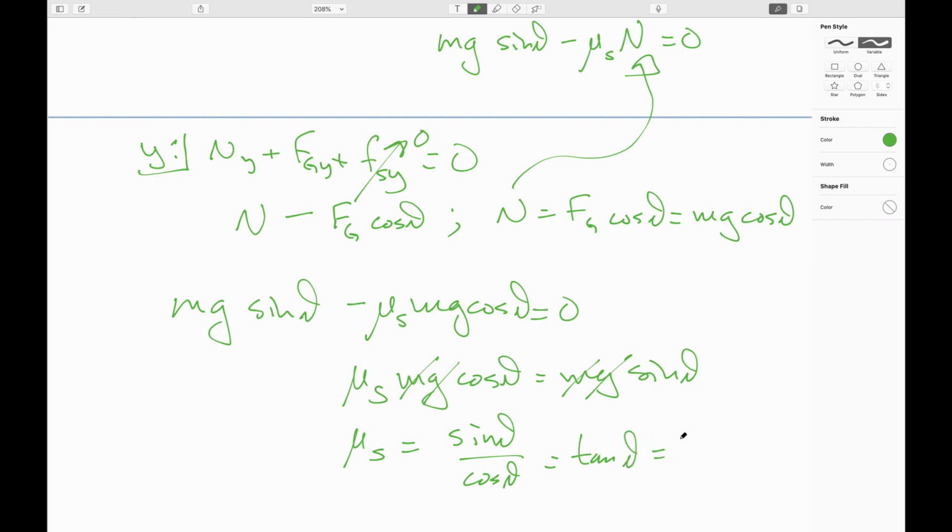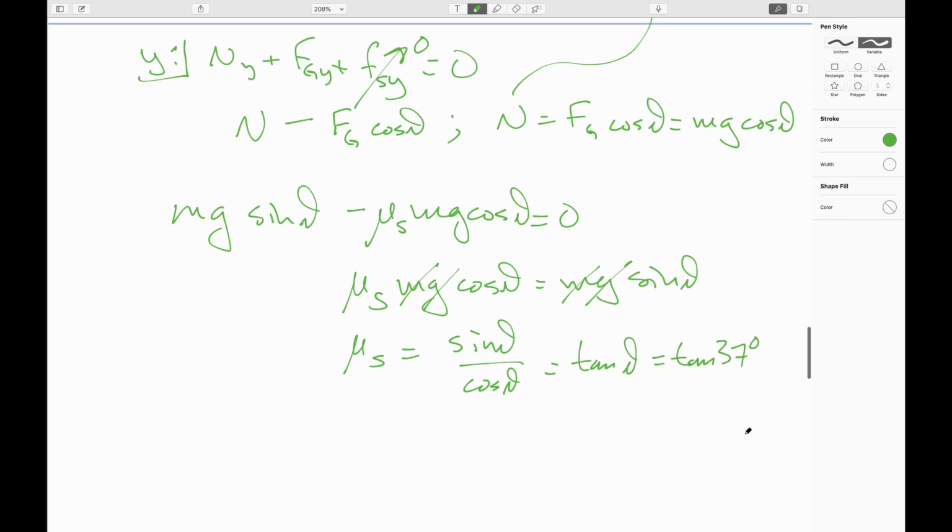So that would be the tangent of 37 degrees, and 37 degrees is the interior angle of a 3, 4, 5 right triangle. So you can use that to figure out that the tangent of 37 is roughly 0.75. Don't bust my chops if it's off by 1/100th.